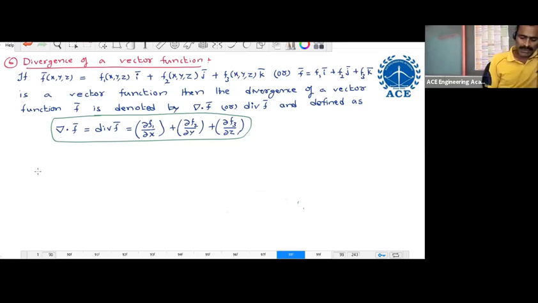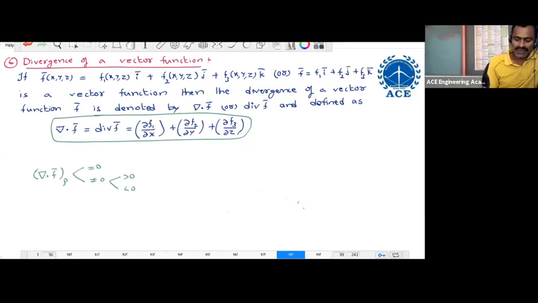Now, if we calculate del dot f bar at a particular point in space, or in any flow of quantity, this may be 0 or may not be 0, two possibilities only. If not equal to 0, this may be greater than 0 or less than 0. So these are the possibilities only.